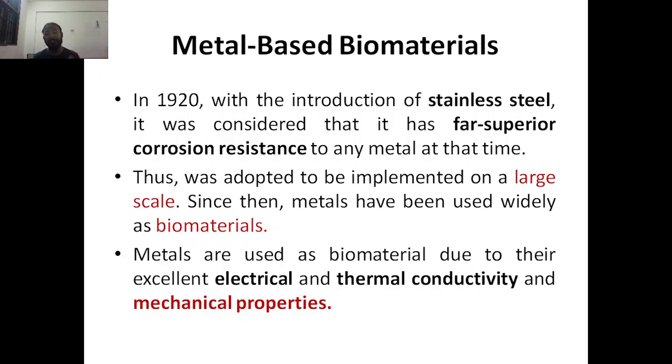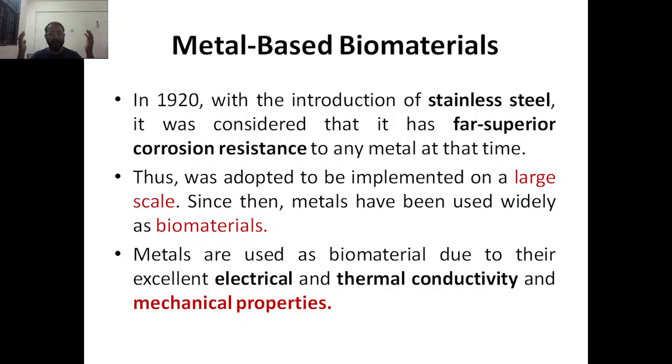The reason is very simple. When you compare any metals with stainless steel, it has one property that plays a very important role: a far superior corrosion resistance. That means you can keep it outside. Most of the times, in normal buildings or homes or institutes or companies, you can see that the structures are made of stainless steel.